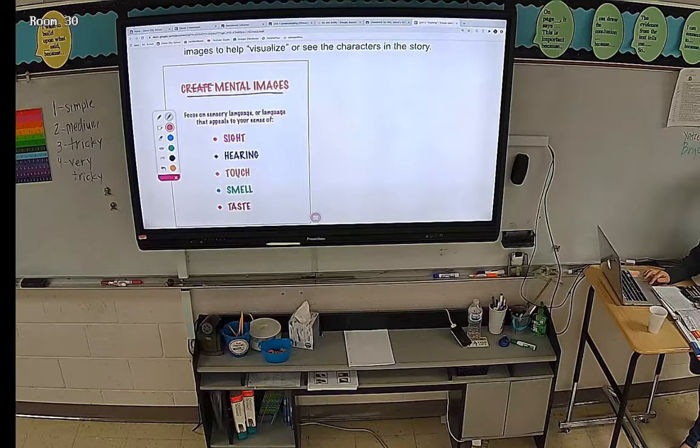Like when it said the dog was licking his face, you can imagine that dog touching his face. Smell. Nobody gave an example for that, but give me one, Alyssa. You could smell how dirty and gross the dog was. Okay, so if they talked about how dirty and gross the dog was, you would be able to smell how gross he was. Think about a sweaty dog.